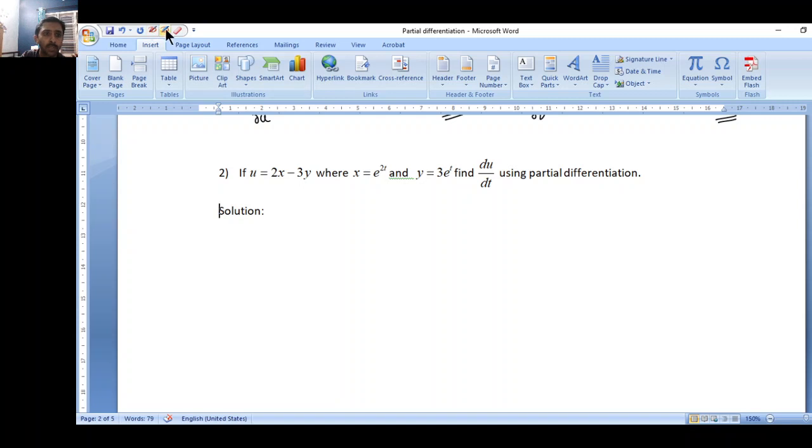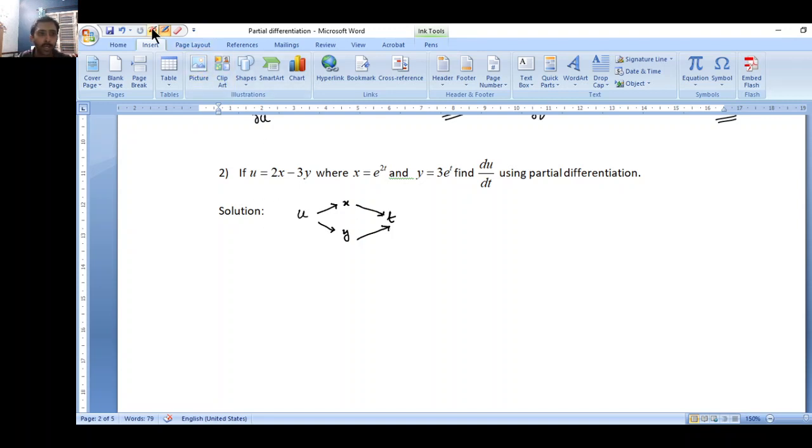As you can see from the question, u is given to be a function of x and y, because u is 2x minus 3y, and x is a function of t and y is also a function of t. So u is a function of x and y, which are functions of t.